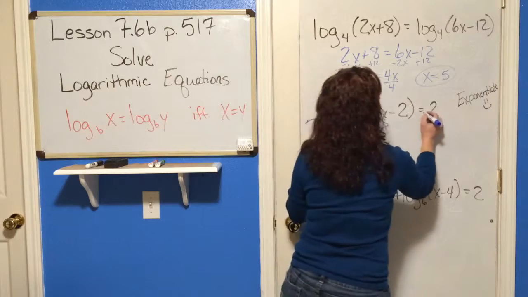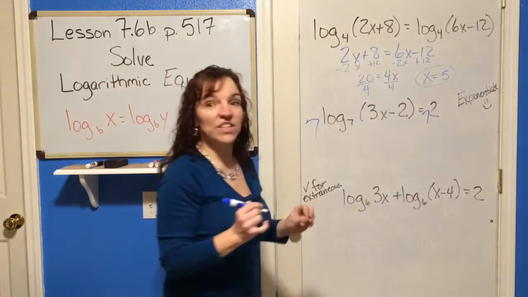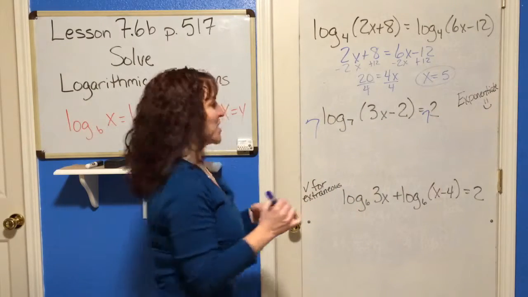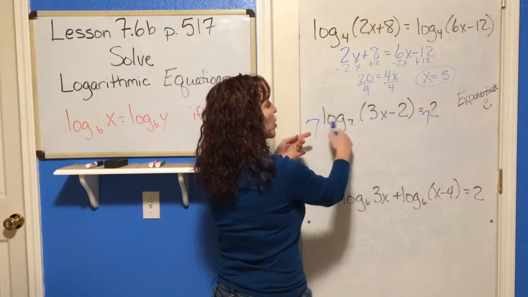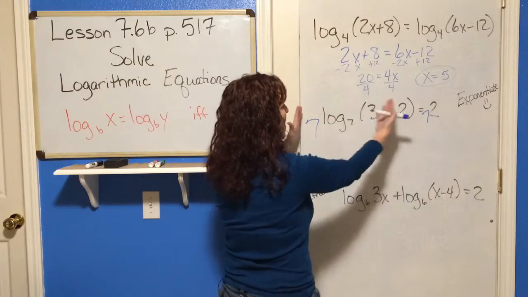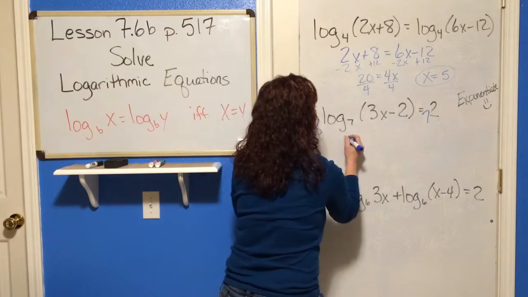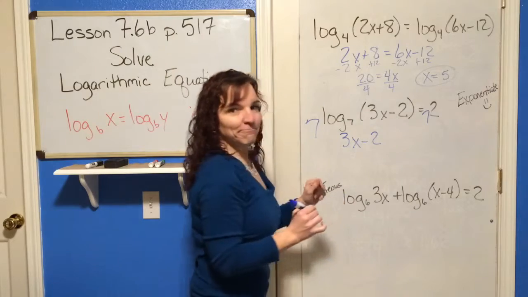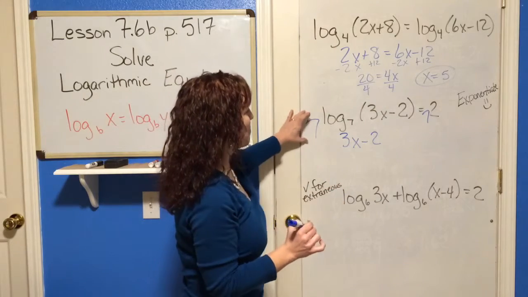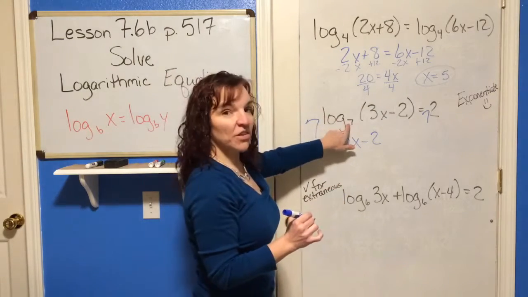So we're going to exponentiate both sides of this equation by the same base, by 7. So now if we have 7 to the exponent of log base 7, 3x minus 2, this simplifies down to just 3x minus 2, because we have the same base as the base of our log.